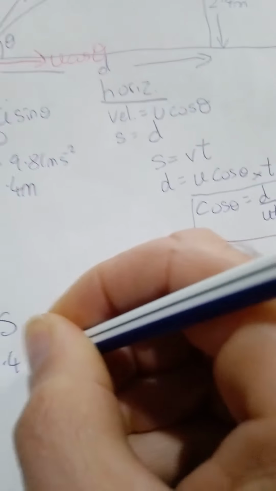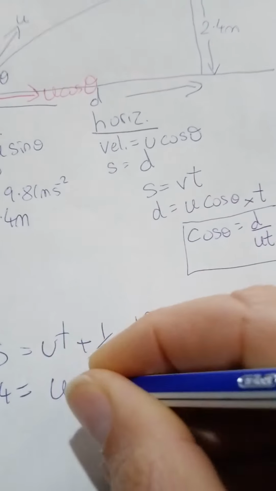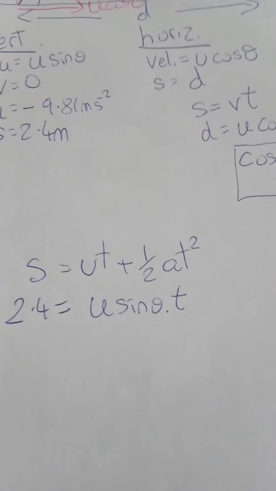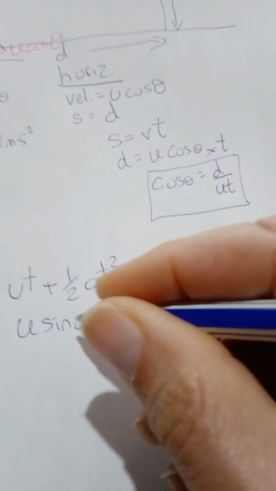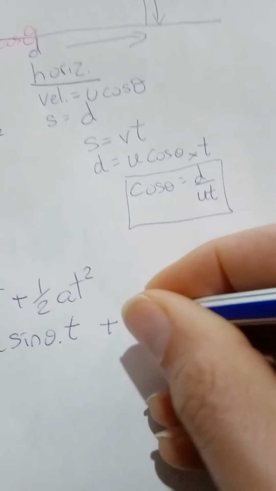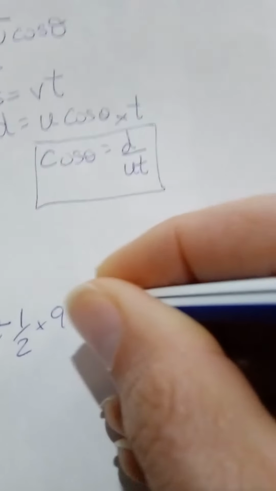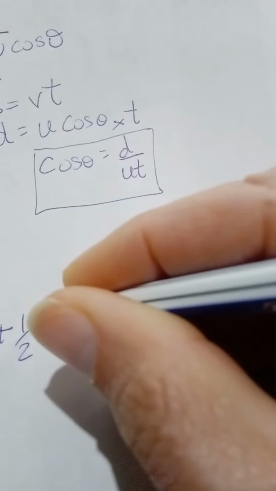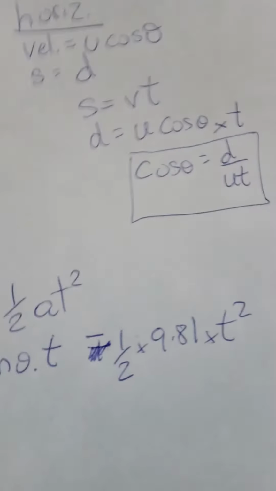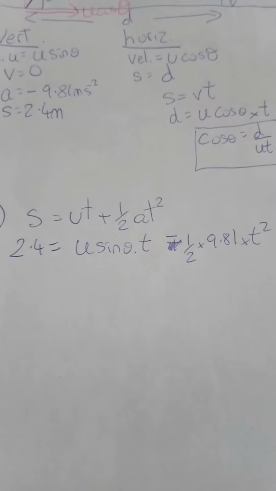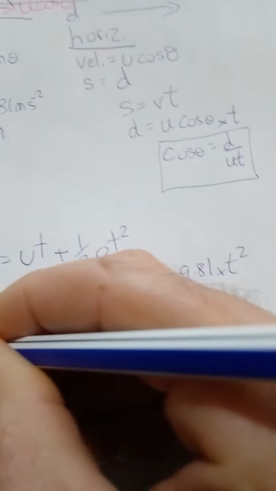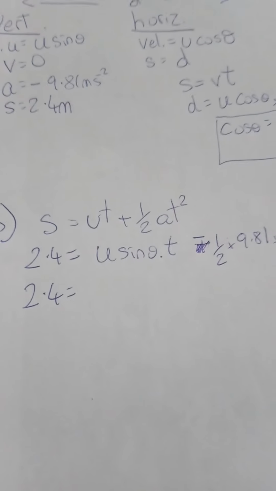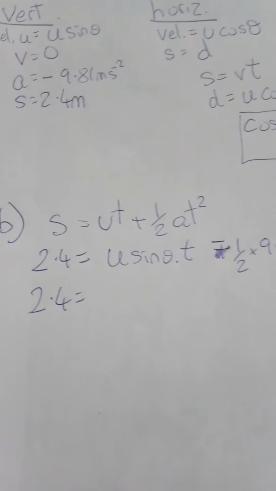Distance is 2.4. u is u sine theta times time, and half at squared, we'll put in plus 1/2 times 9.81 times t squared, but the 9.81 is negative, so here I put in the negative sign. This continues like this: 2.4 equals u sine theta. We have to substitute something, so I leave it.